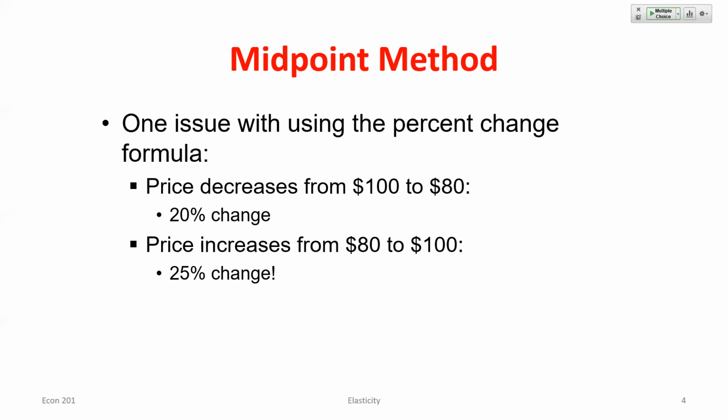I started at 80. So now that same $20 increase would be 0.25, multiply it by 100, would be a 25% change. So the issue is I'm really moving between the same two prices, but depending on the direction I go, it's going to be a different percentage change.